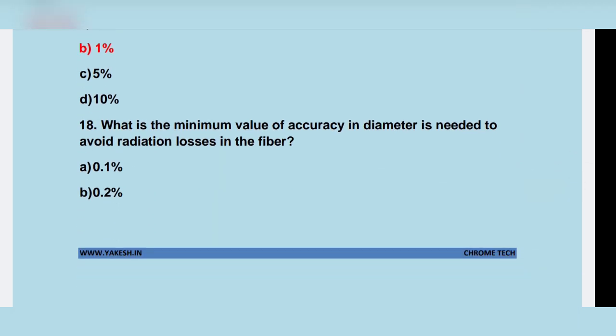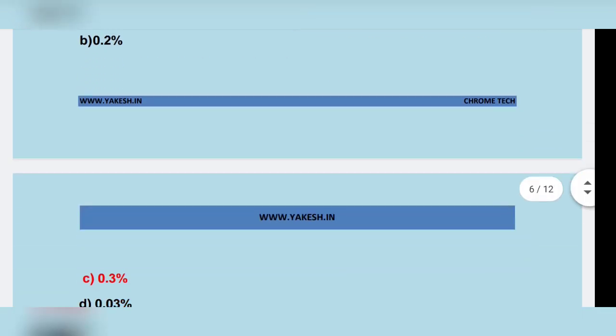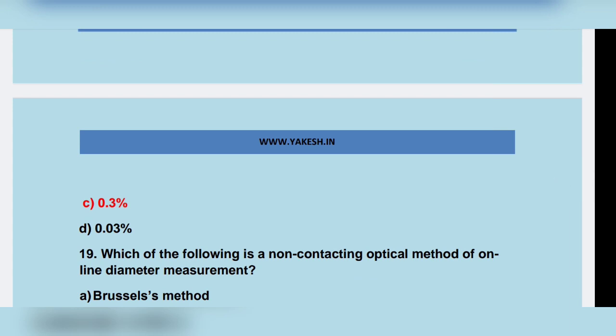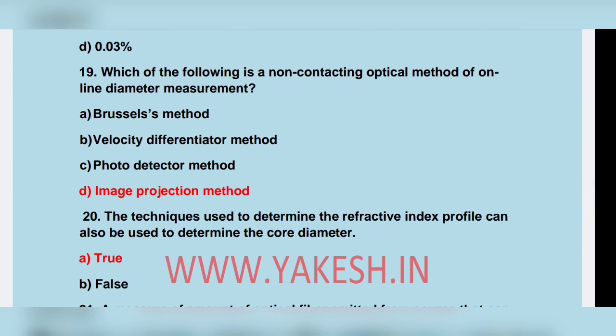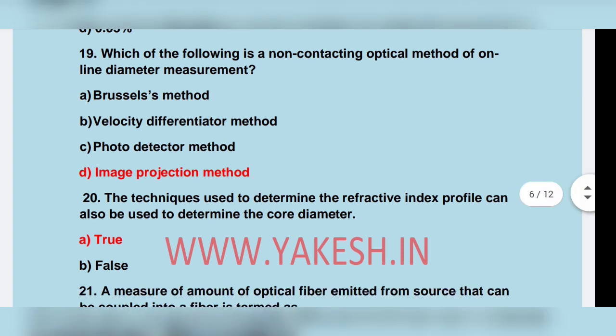What is the minimum value of accuracy in diameter needed to avoid radiation losses in the fiber? 0.3%. Which of the following is a non-contacting optical method of on-end diameter measurement? Option D. Image projection method. The technique used to determine the refractive index profile can also be used to determine the core diameter. True. Option A.